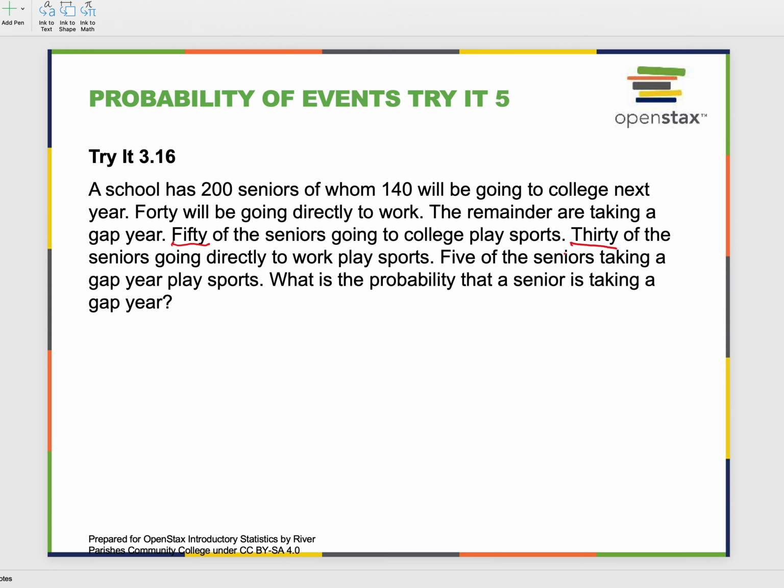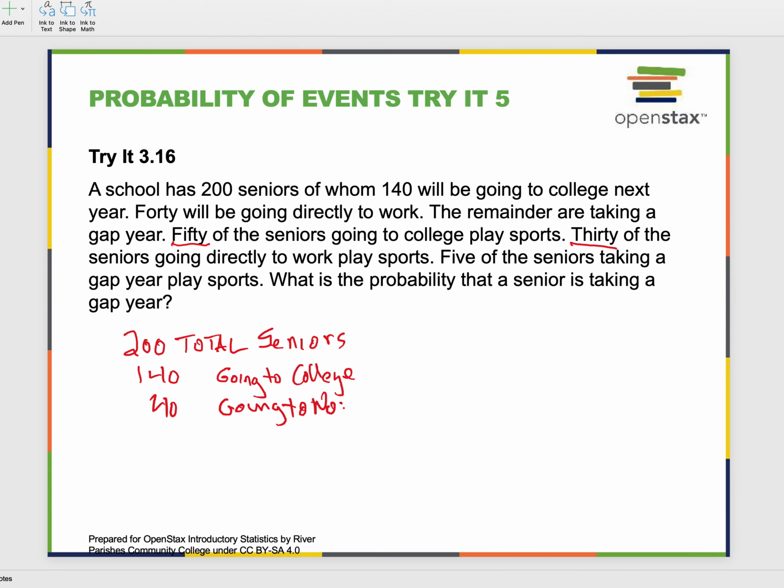Well, how do we want to figure this out? 200 seniors total. 140 going to college. 40 going to work.